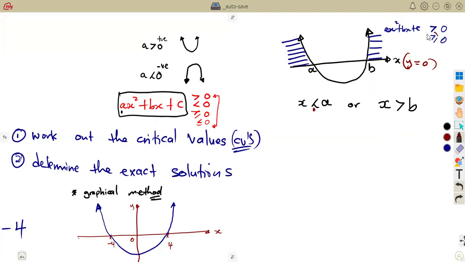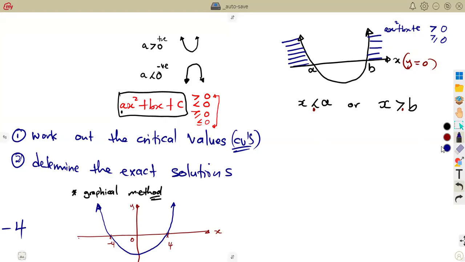If there was an equal to on your question, like I was saying, your solution also must have what? An equal to. The inequality sign of the question that you're given is supposed to affect your answers as well. All right? Your inequality sign. So take note.